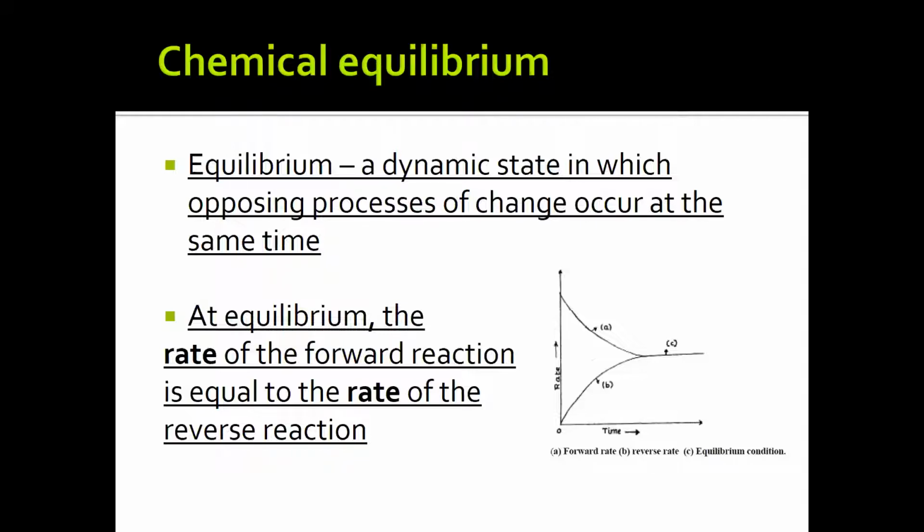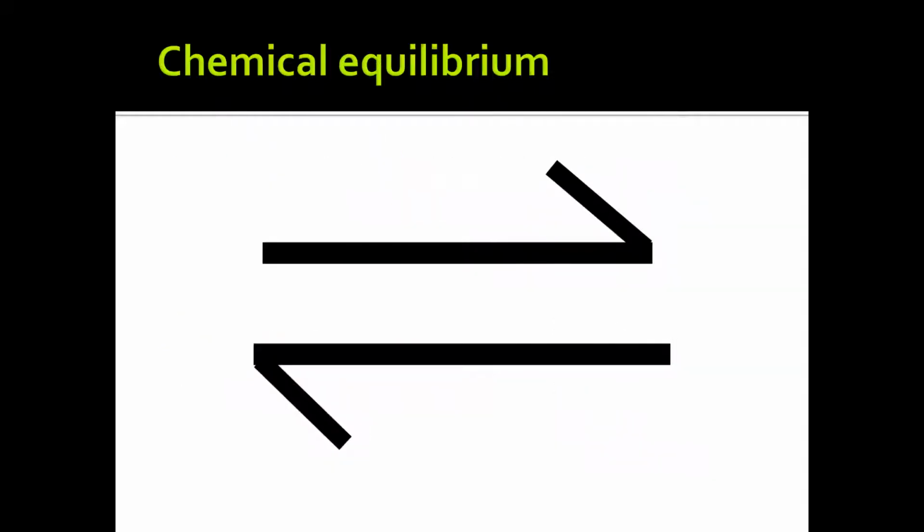So when we represent a chemical equilibrium, we're going to represent it with a weird symbol that you have not seen before. So the symbol looks like this. It's two half arrows, one pointing in the forward direction, which is this top arrow, and one pointing in the reverse direction, which is this bottom arrow.